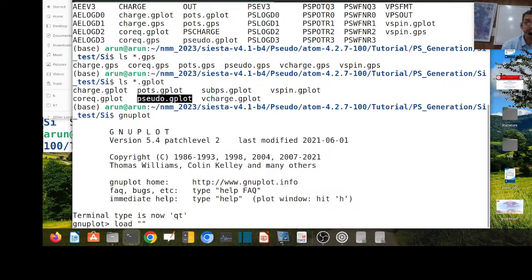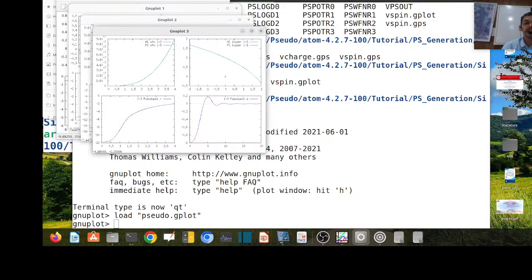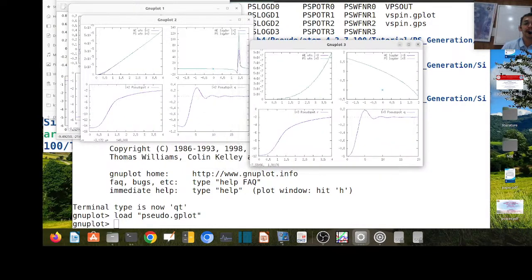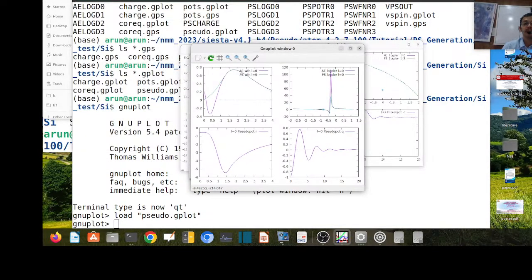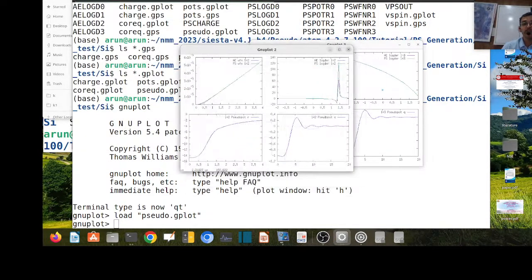You have to mention the name of the file, gplot. I am just trying to look at this. That's it. These are the plots which are there. I will talk about these one by one.